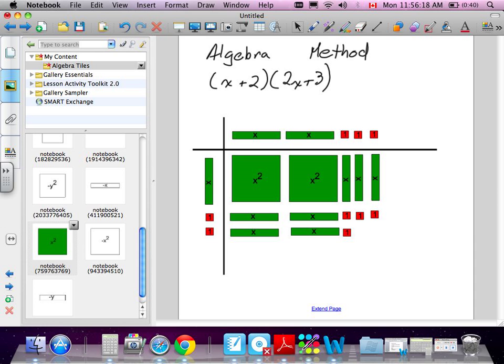So now that I've put all these blocks together, what we do to find the answer is I simply just count each of the blocks. So to start off, how many x squareds do I have? 2. So I have 2x squared. How many x's do I have? 7.